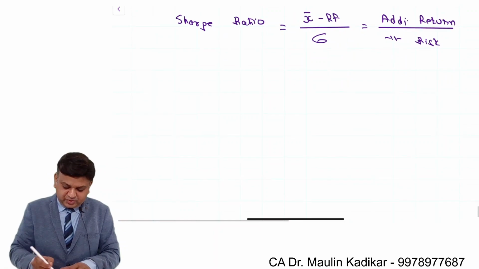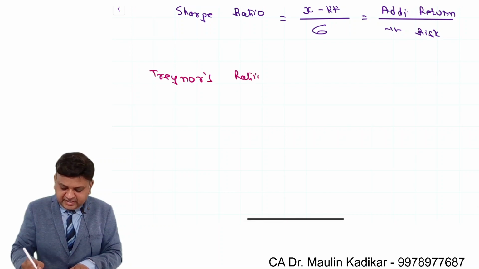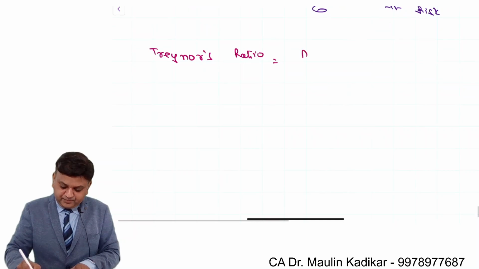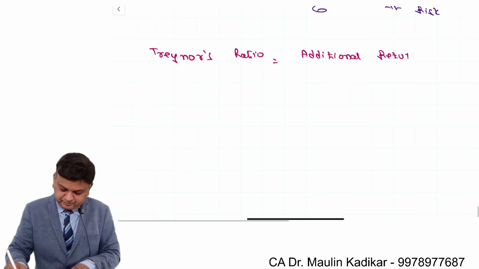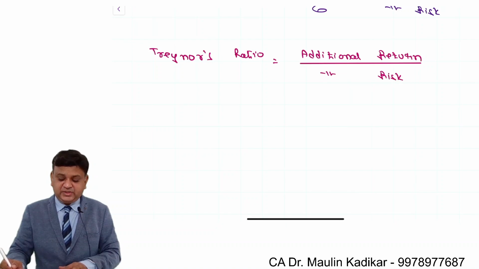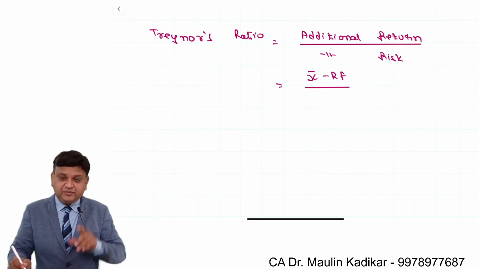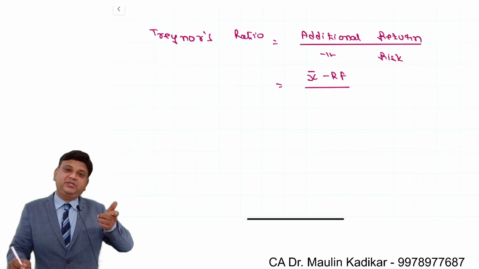As far as Treynor's ratio is concerned, listen carefully, it is calculated as additional return divided by additional risk. The additional return is security return minus RF, divided by beta of the security minus beta of risk-free security.